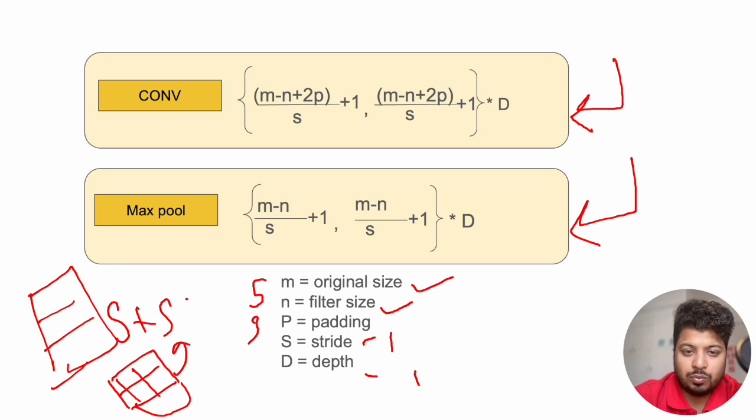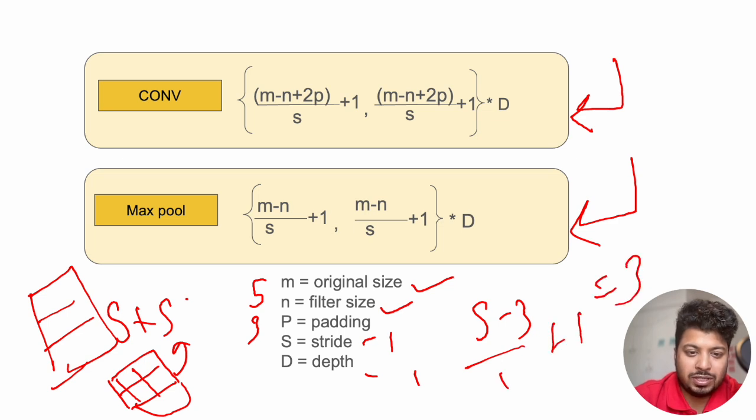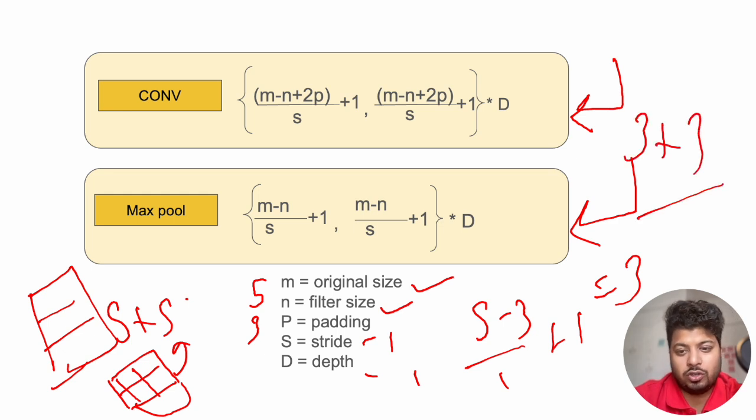So the final output would be (5 minus 3) divided by 1, plus 1, which is equal to 3. So our output shape is a 3 cross 3 matrix if we are doing a convolutional operation on top of it.